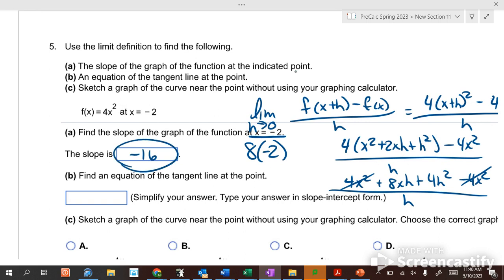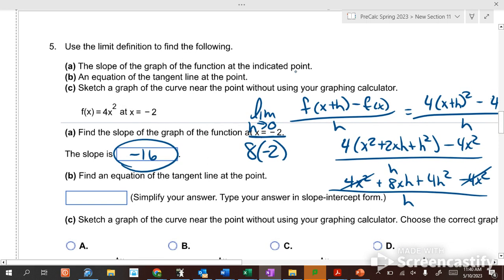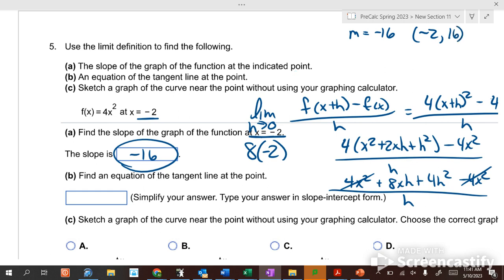So if our slope is -16, then if we want to find the tangent line there, the slope is -16, and our point is -2 something. -2 what? Well, if we put a -2 in here, -2 squared is 4. 4 times 4 is 16.